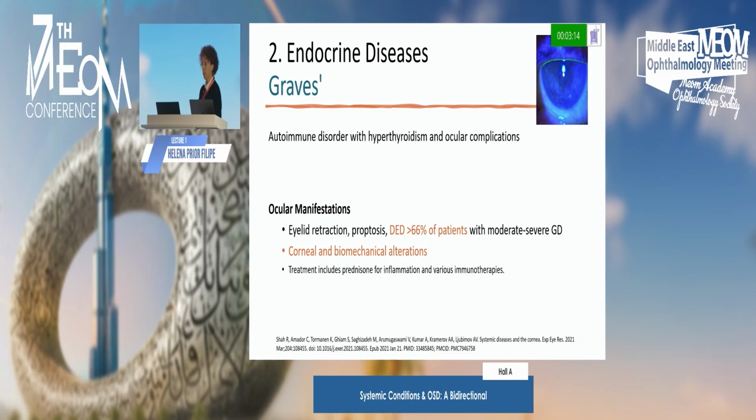The other one is Graves' disease. In Graves' disease, dry eye is very prevalent in these patients, more than 50%, and usually associated with the severity of Graves' disease, again, like with diabetes. Again, we can find some corneal and biomechanical alterations.